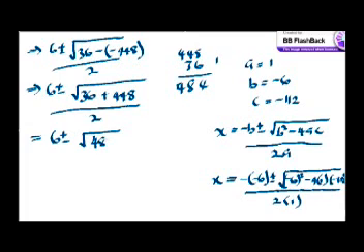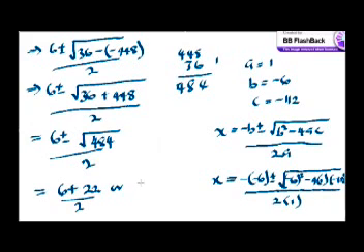So you have 484 all divided by 2, and this will become 6 plus square root of 484, which is 22, because square root of 484 is 22, all over 2, or 6 minus 22 all over 2. Remember, it is plus or minus.